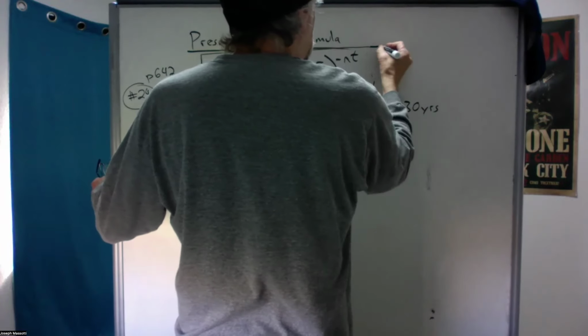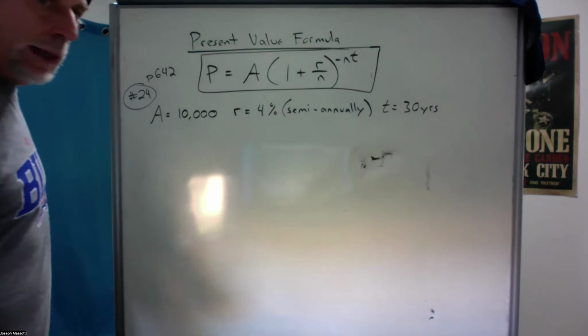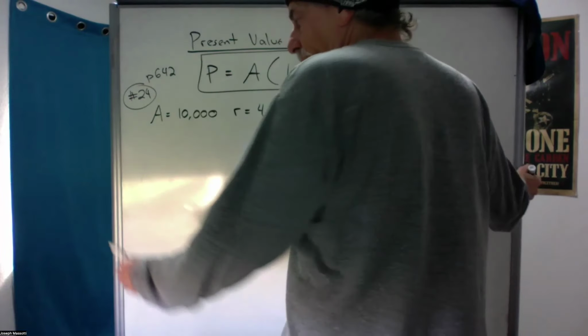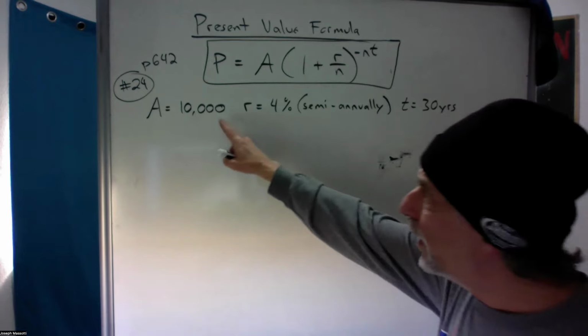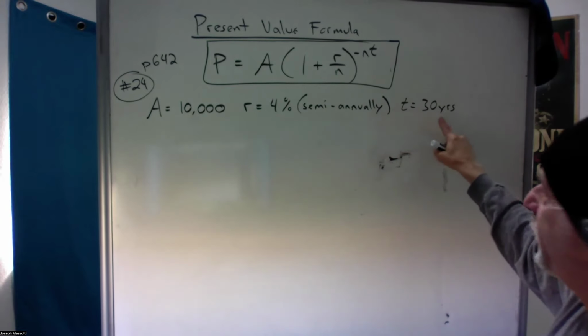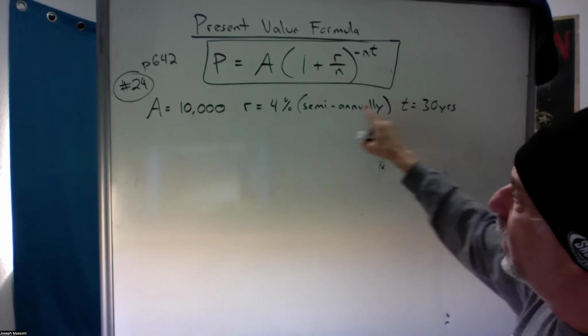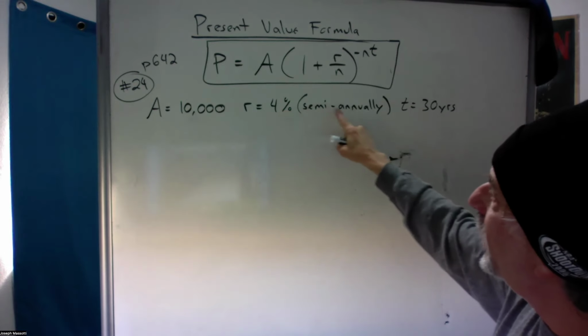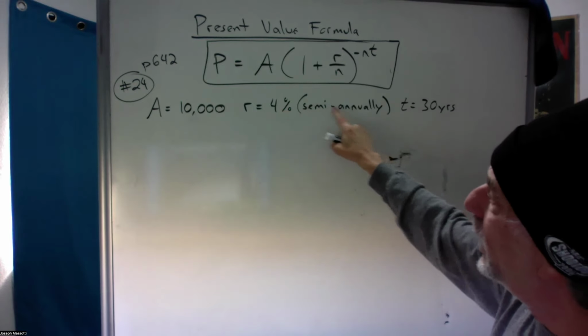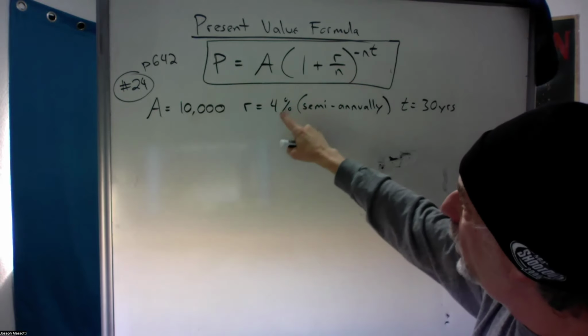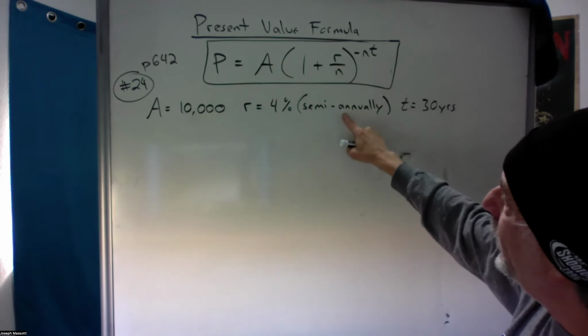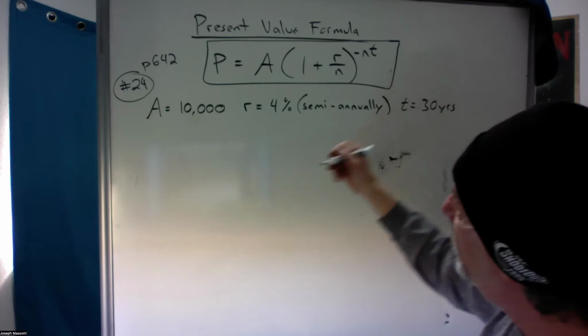So let's use this formula to answer this question. We want to end up with $10,000 after 30 years with an interest rate of 4% compounded semi-annually. So we have the A, we have the R, we have the N, and we have the T. We have everything we need.